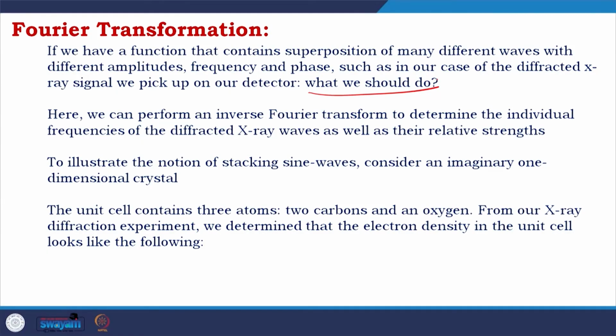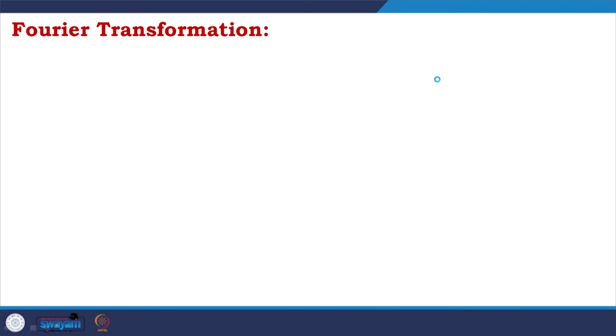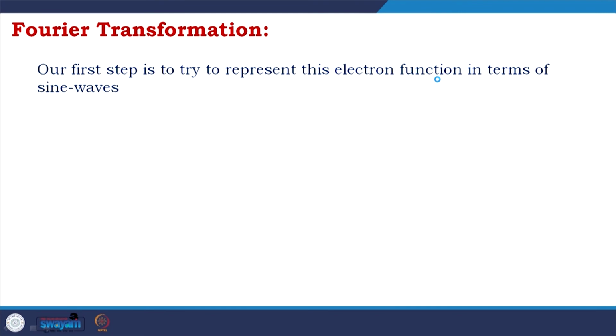The unit cell contains 3 atoms. It is a simple one dimensional crystal where the unit cell contains 3 atoms, 2 carbon and 1 oxygen. From our X-ray diffraction experiment, we determined that the electron density in the unit cell looks like the following. So, this is the thing we get initially. Our first step is to try to represent this electron density function in terms of sine waves.